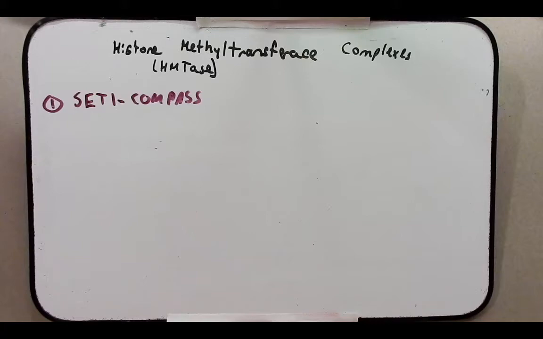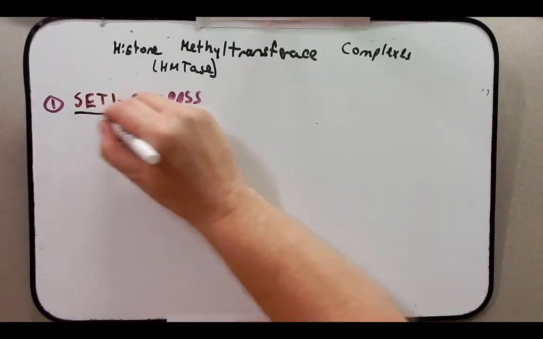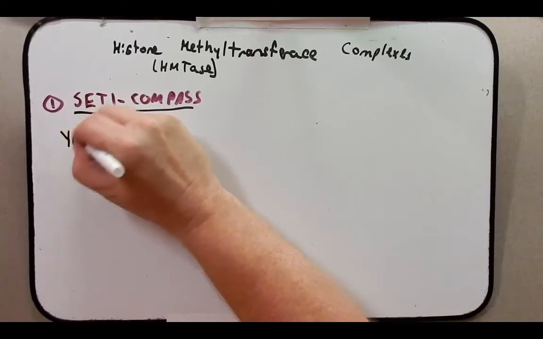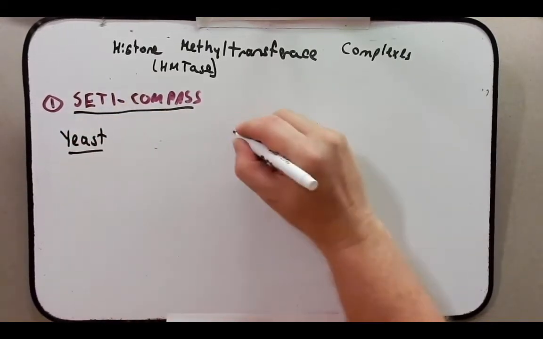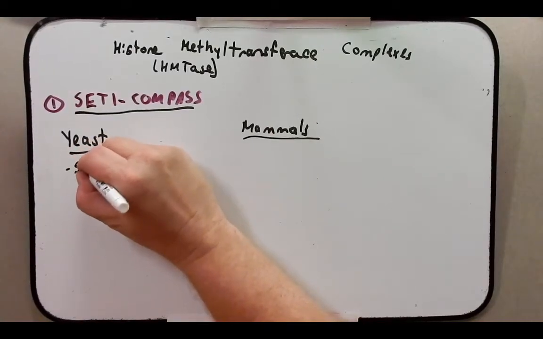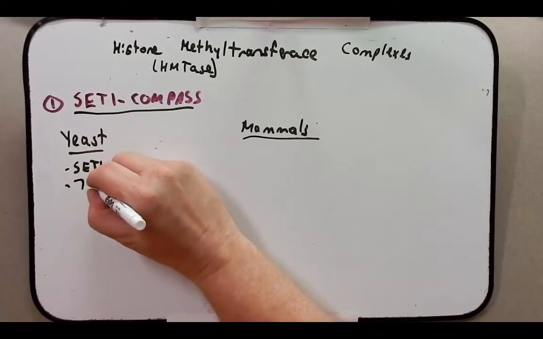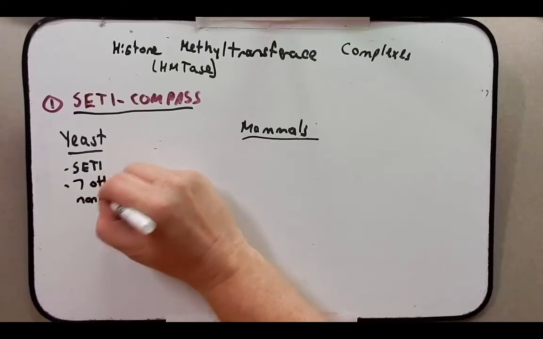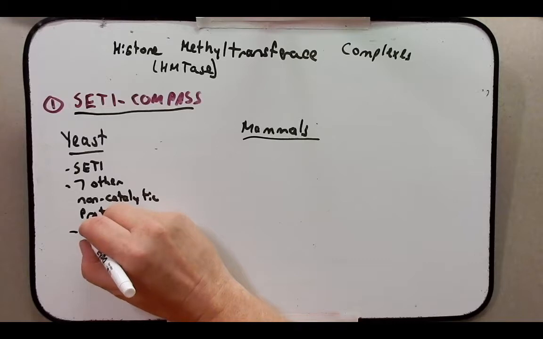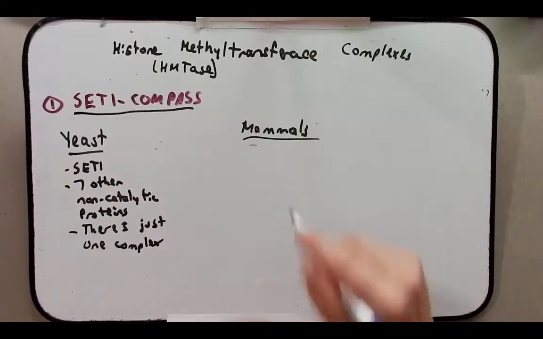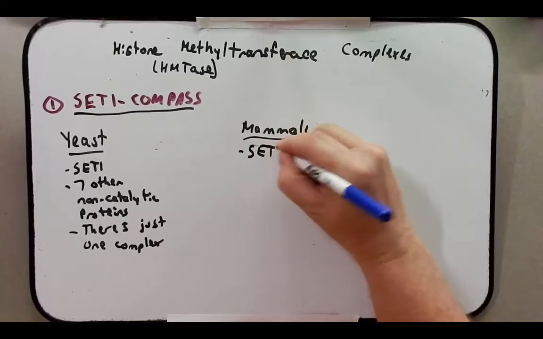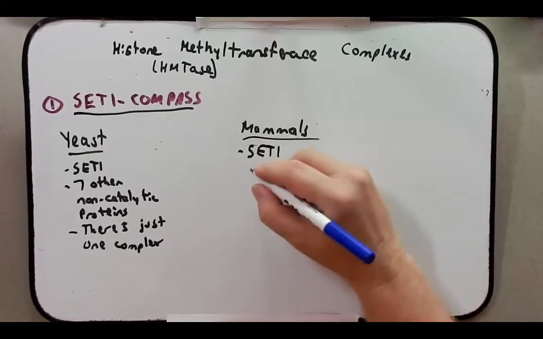Okay, let's just say a little bit about this Set1 COMPASS complex here. And I want to just talk a little bit about the differences between yeast and mammals. Yeast contains the Set1 protein in its complex and 7 other non-catalytic proteins. In yeast, there's just one. So now let's compare that with mammals. They also have a Set1 protein in the complex.